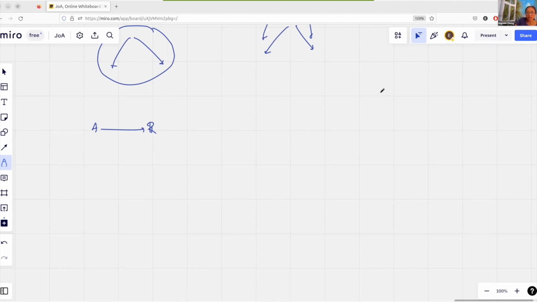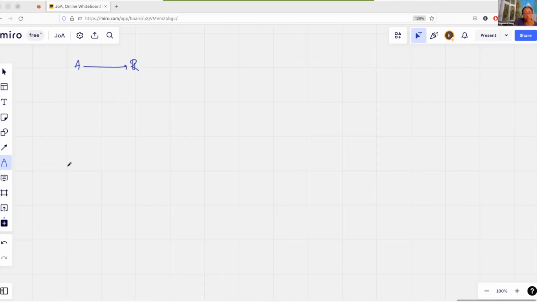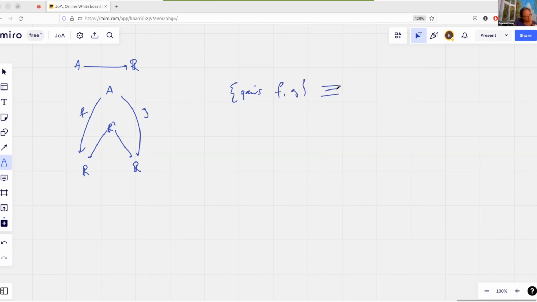So what this is saying is that when you have a product, this was for R cross R, but this works for any product. Right, there's the product R squared, and we're thinking about morphisms from A. So the bijection is between pairs F and G and a single morphism to the vertex.